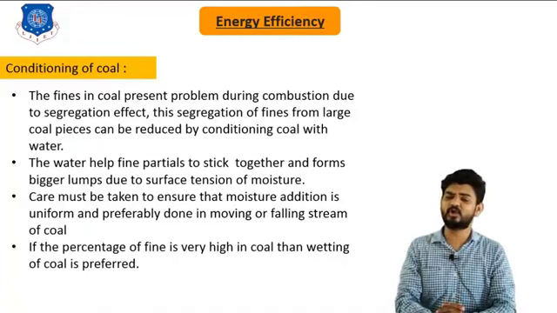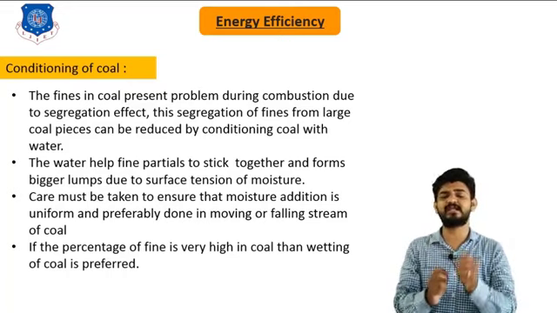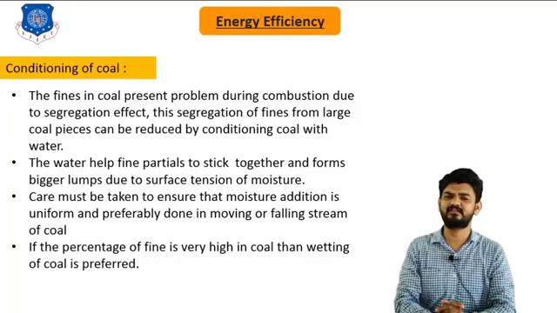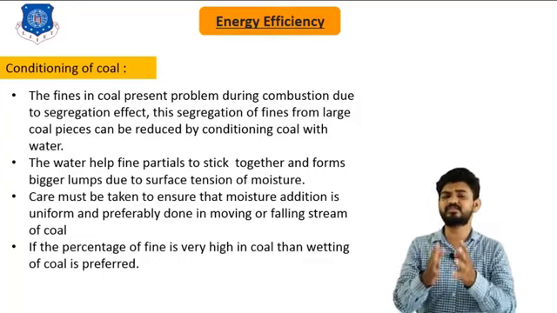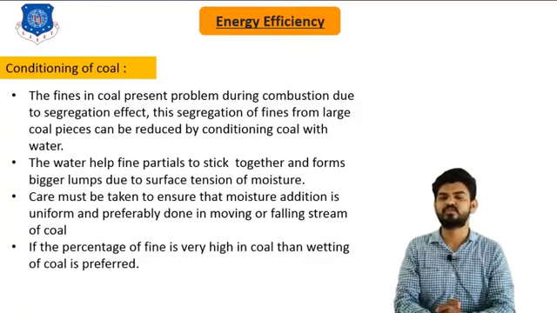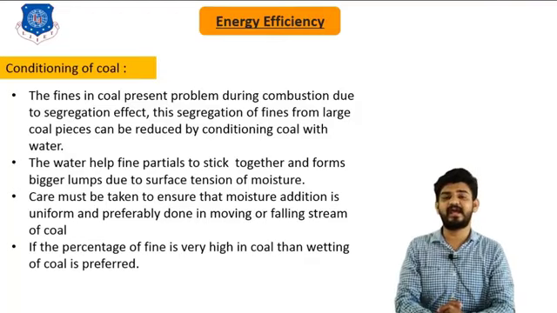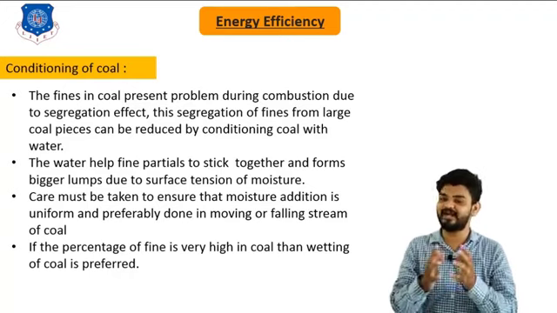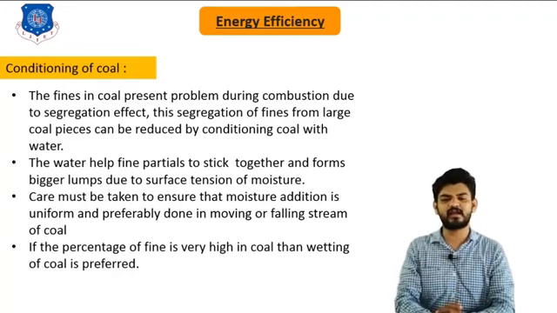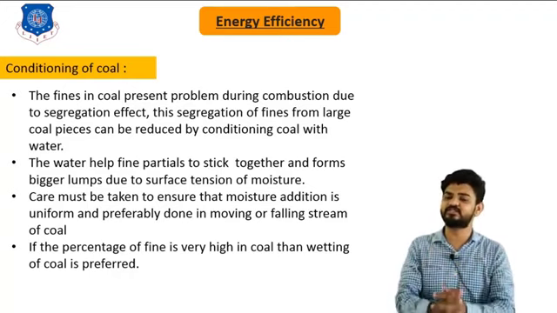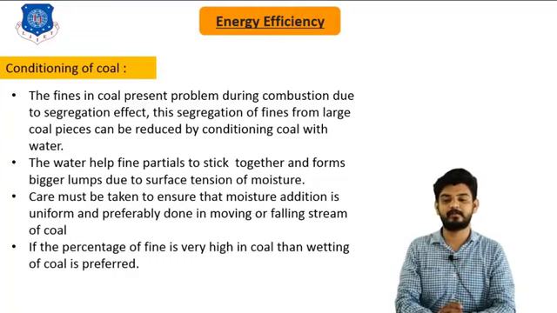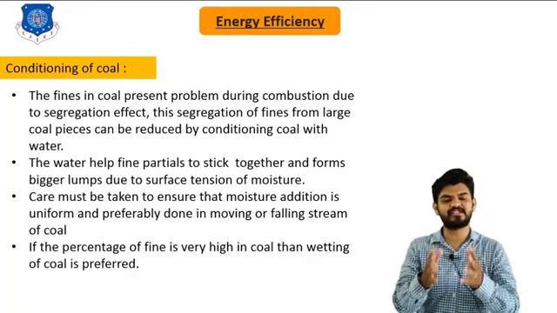That means the coal contains very small particles, or fines, on its surface, and they reduce the efficiency of the coal. So we can remove these fines, collect them, and produce larger coal by means of conditioning. Water helps fine particles stick together and form larger lumps due to the surface tension of moisture.